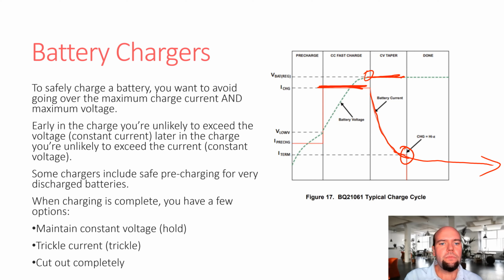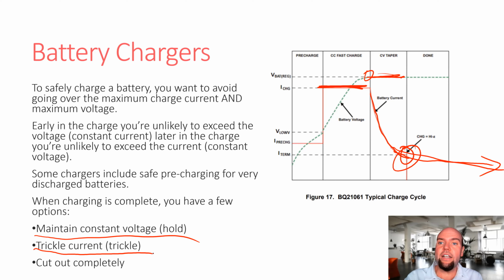There's usually a couple different things you can do once you hit this point. Some battery chargers, when they detect that the battery is charged, just do a constant trickle charge. They maintain a constant voltage. Some of them will just hold, and some will literally let this exponential go on forever. Some will switch to a constant current, where they slowly trickle current into the battery.